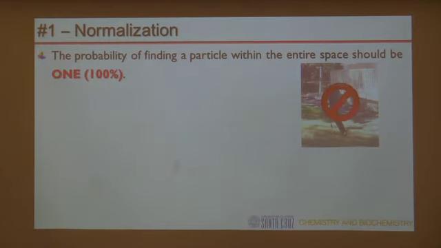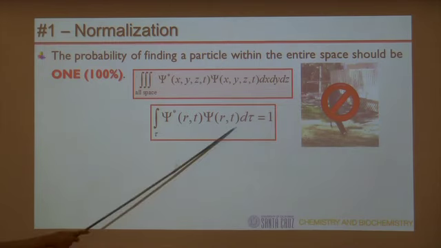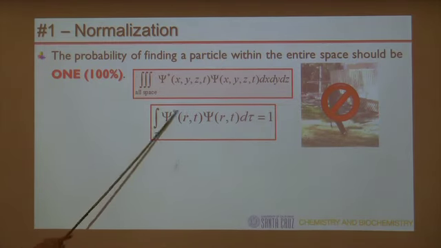Right now we're talking about all space, so we integrate over all space. So this must give you the number 1. Okay, this is the physical meaning of normalization. So this equation is a reduced one. It's actually a simplified version if you use spherical coordinates. We will talk about that in the following chapter, so you don't need to worry about it this time.